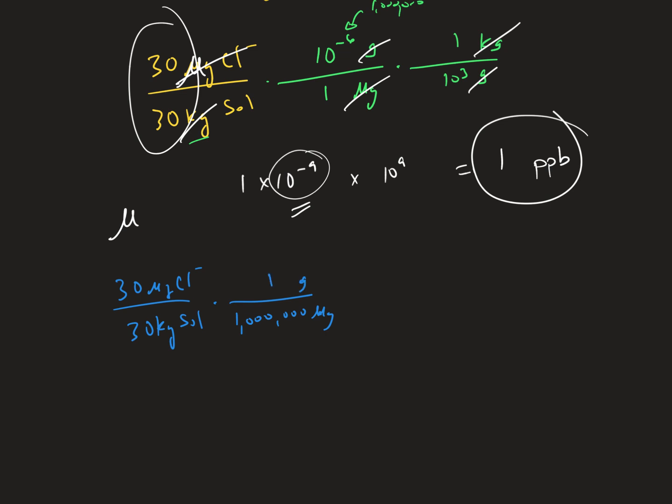You with me? And then 1 kilogram is 1,000 grams. So here I can see this is a million times 1,000 on the bottom. I can see that that's a billion on the bottom. That tells me, oh, I just multiply by a billion, or 10 to the 9 power, and all of that goes away, right? It won't always work out that way, but then you still get 1 part per billion.